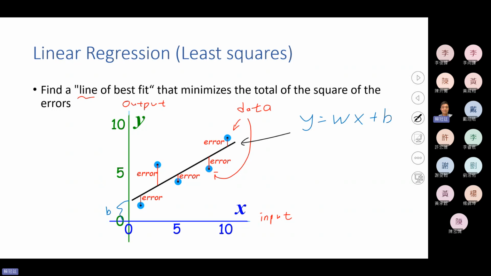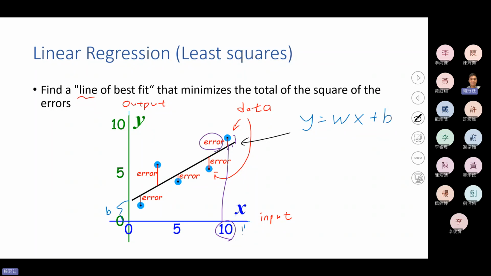Suppose we have input x equal to 10. Then the prediction will be here. If the input is 10, then the prediction is here. The distance between the prediction and the real value is the error.